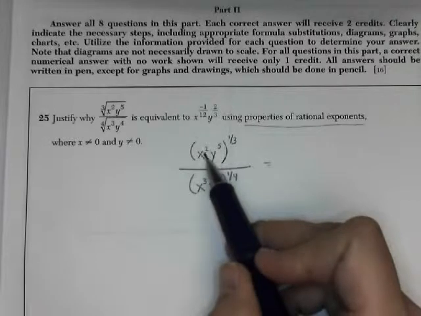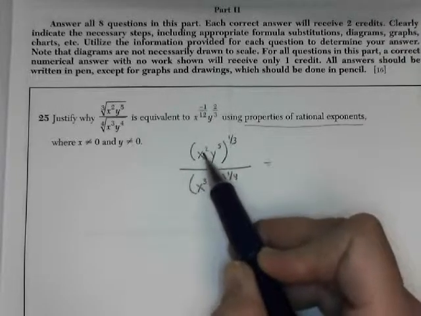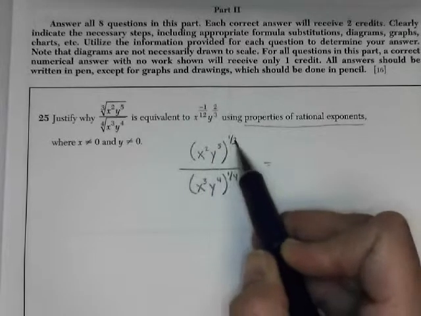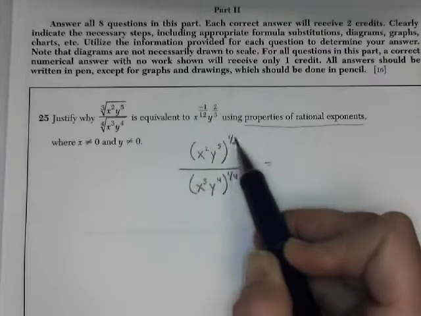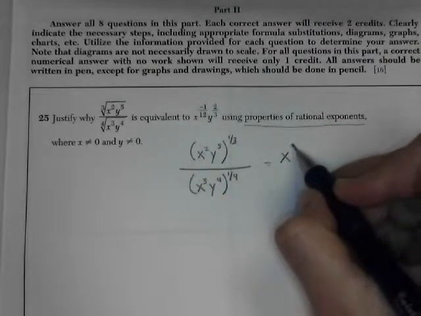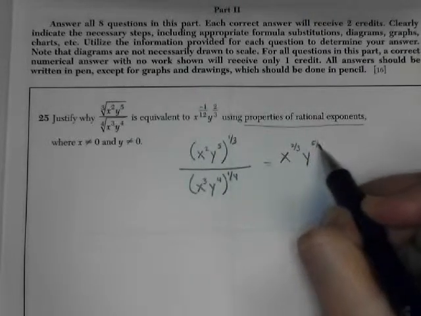Then when you have power to power, and this is a monomial, but it's got 2 parts, both of these parts of the monomial have to be raised. So x squared to the 1/3, power to power means multiply, so 2 times a third is 2/3. 5 times a third is 5/3.